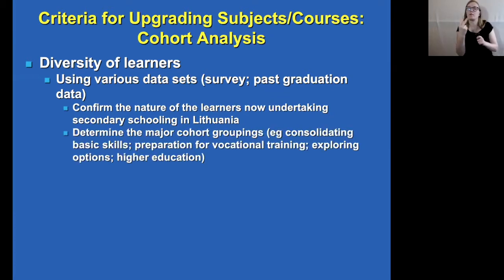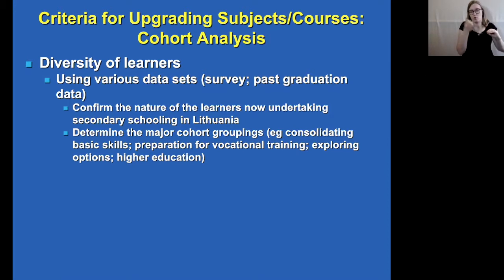And of course, that means the nature of the learners now undertaking the courses. You could look at the results in the past. If it looks like you've had a lot of students failing, then that means you've set the expectations higher than what the group is actually capable of. And maybe the courses, therefore, are not matched to the learners, and there needs to be some differentiation and leveling.